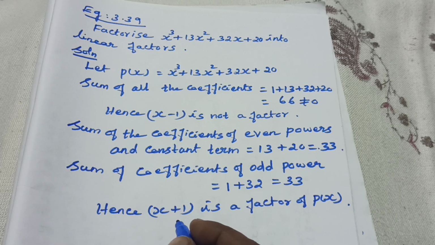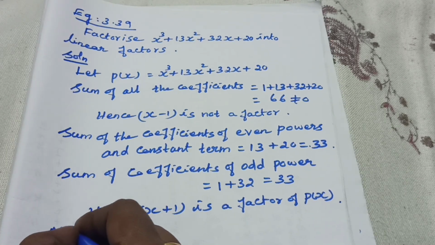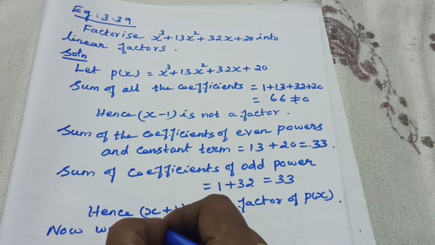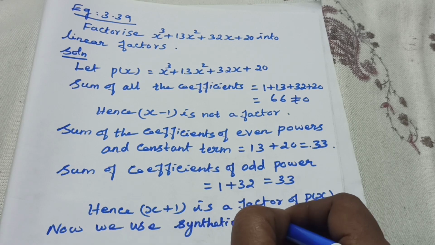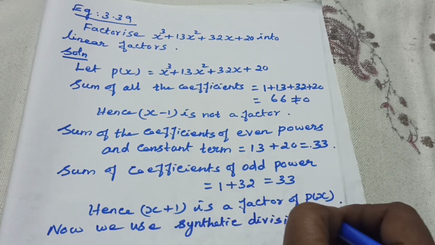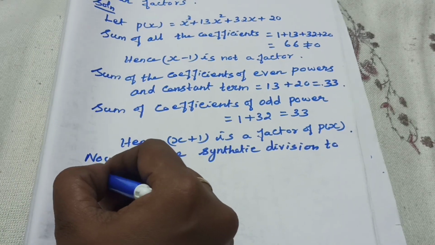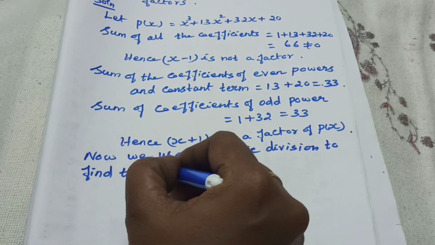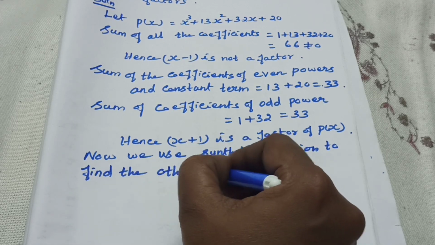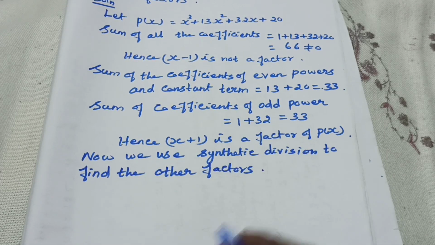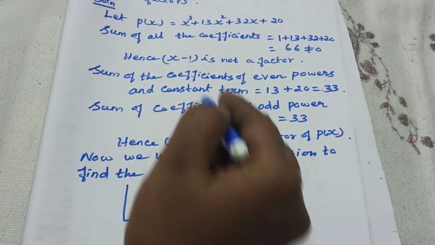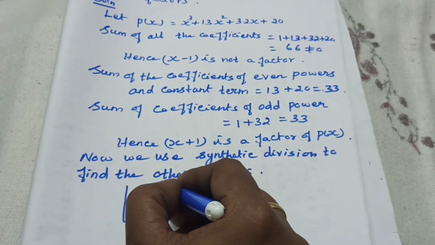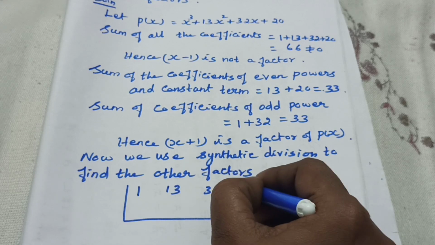Next we have to use synthetic division to find the other factors. In the synthetic division method, all the coefficients you should write: 1, 13, 32 and 20.